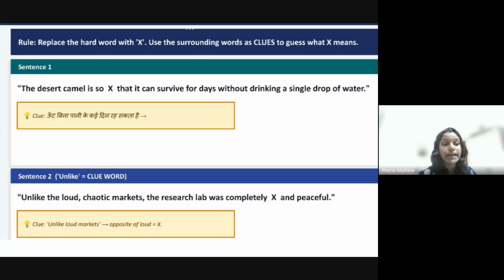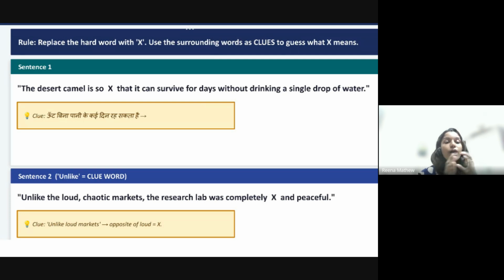Okay, someone said silent. Very good. Okay, I'll ask you a simple question. Yesterday, this unlike is a word that we studied in yesterday's class. Okay, that shows contrast, right? So how did you guess this word? Because when you use the word unlike, then it is a contrast.